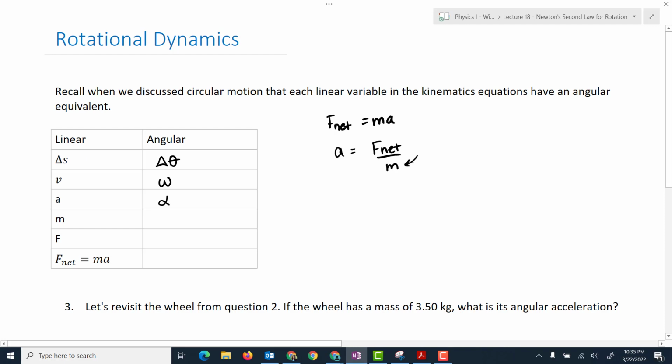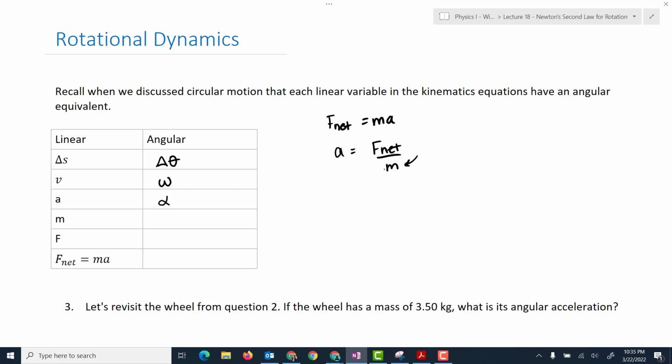The larger the mass is, the smaller the acceleration will be. So as mass increases, the acceleration decreases, right? When you're dividing by a bigger number, you get a smaller value for your acceleration. So the bigger the mass is, the harder it is for it to accelerate.